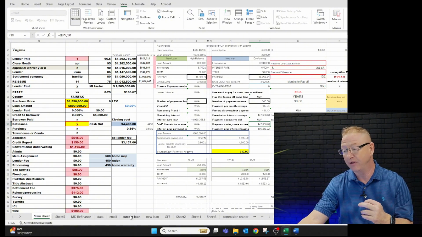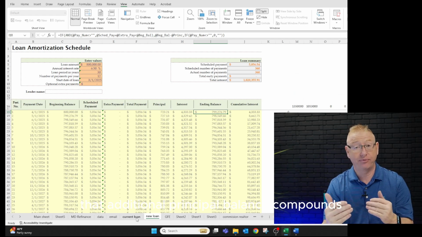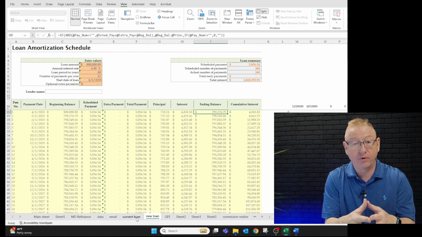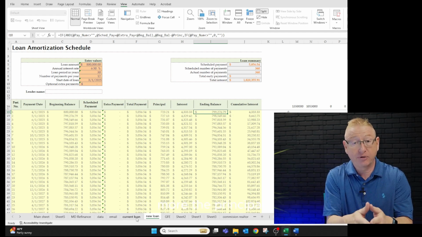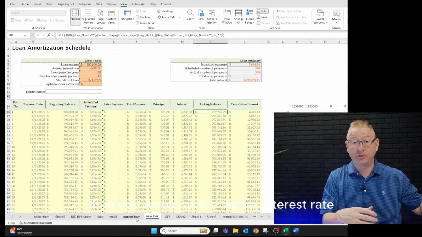What happens is that additional principal balance compounds. So you're paying off in the earlier years of the loan more of the principal than you would at the higher interest rate.